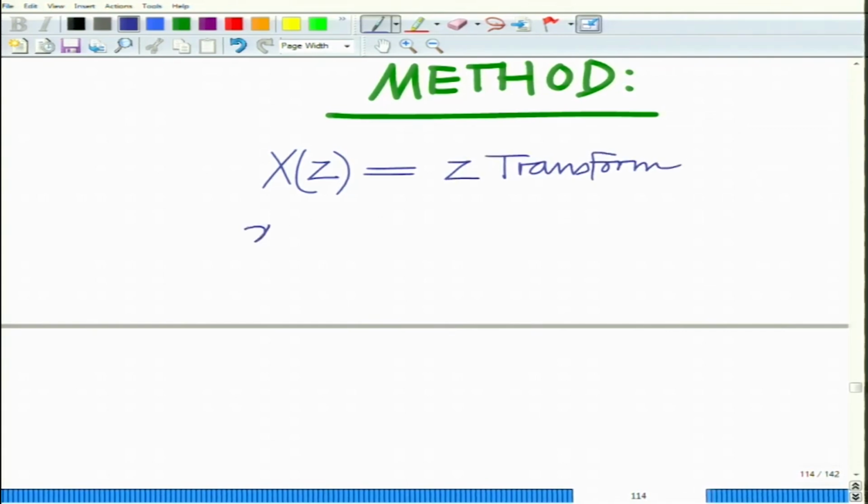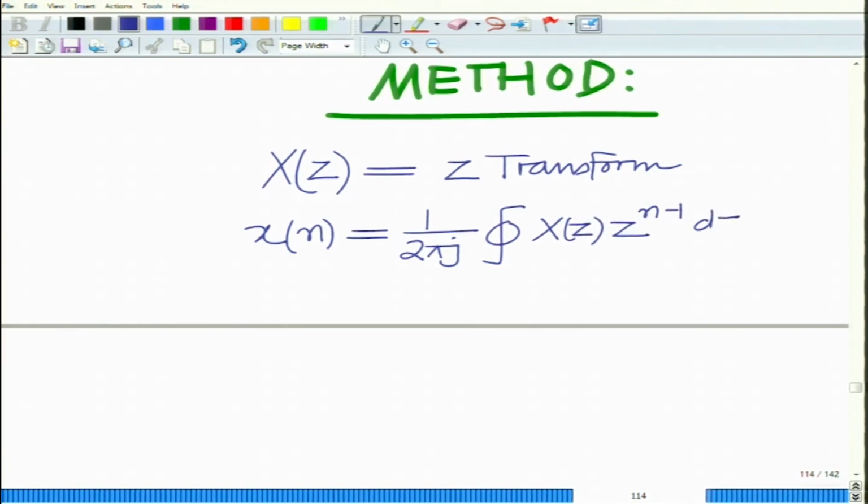Then x(n) can be computed as 1 over 2 pi j times a contour integral of X(z) z to the power n minus 1 dz. This integral that you are seeing over here is what is known as a contour integral, evaluated over a contour in the z plane.